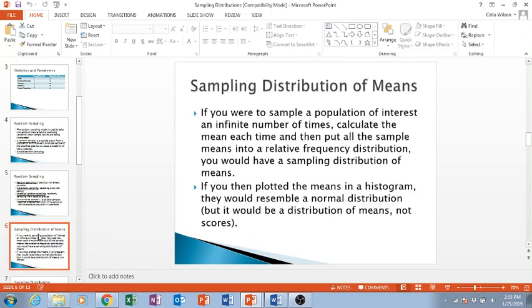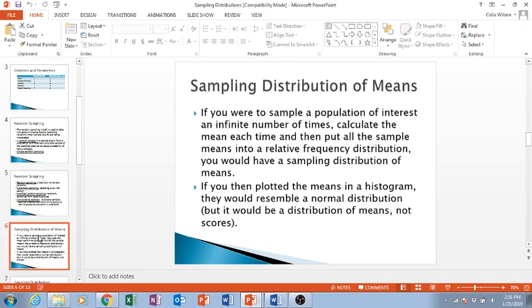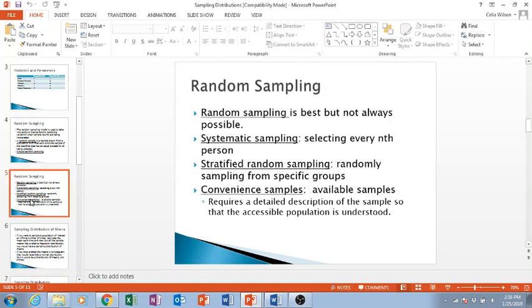Now that we've thought a little bit about sampling, let's talk about this idea of a sampling distribution of means. Now, instead of drawing one sample, say I am interested in the preschool students in the United States, and I pull a sample, not necessarily a random sample, but as random as possible.